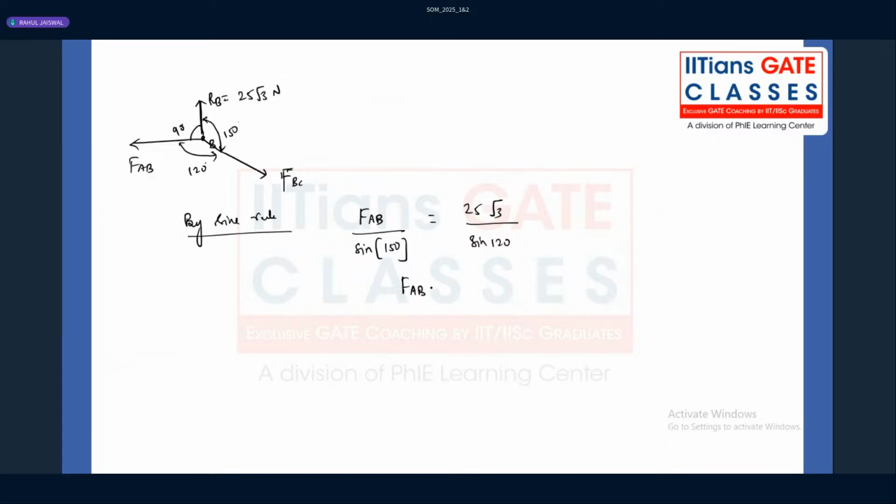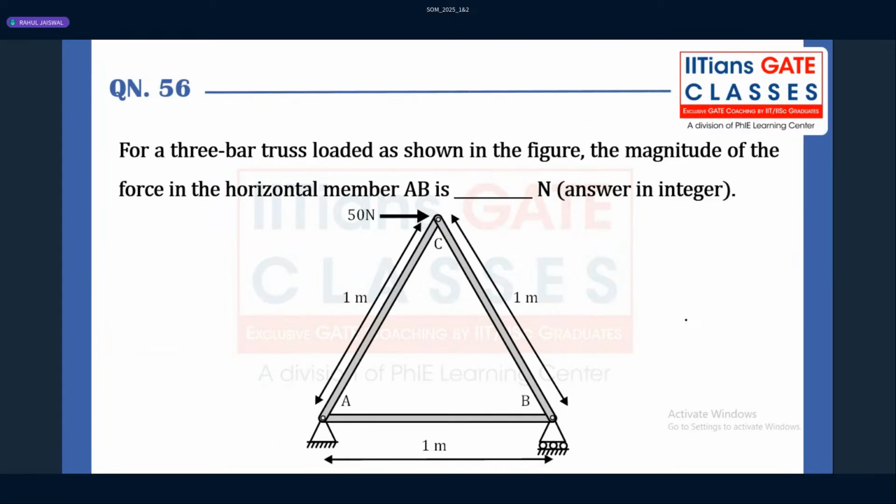So what is FAB? It is 25 into root 3, sine 150, which is 1 by 2, divided by sine 120, which is root 3 by 2. If you calculate, you get 25 Newton, plus. That means it is tensile. Our assumed direction is correct. And the correct answer for this question is 25.